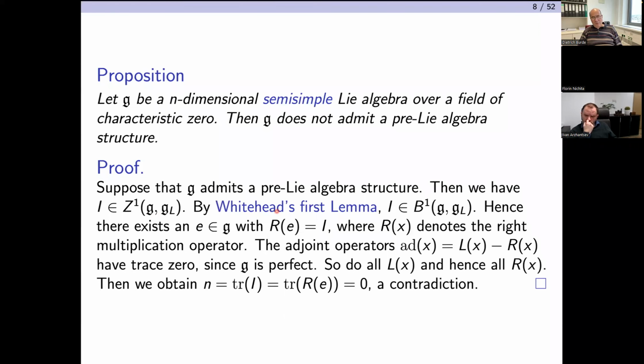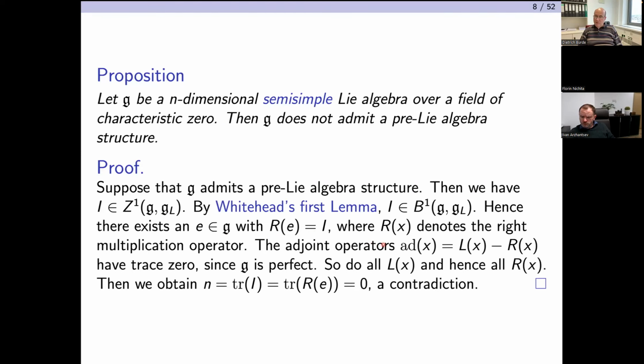By Whitehead's first lemma, because the Lie algebra is semi-simple over characteristic 0, the identity is a one-coboundary. In the language of left-symmetric algebras, that just means there is an element E such that the right multiplication by this element is the identity.